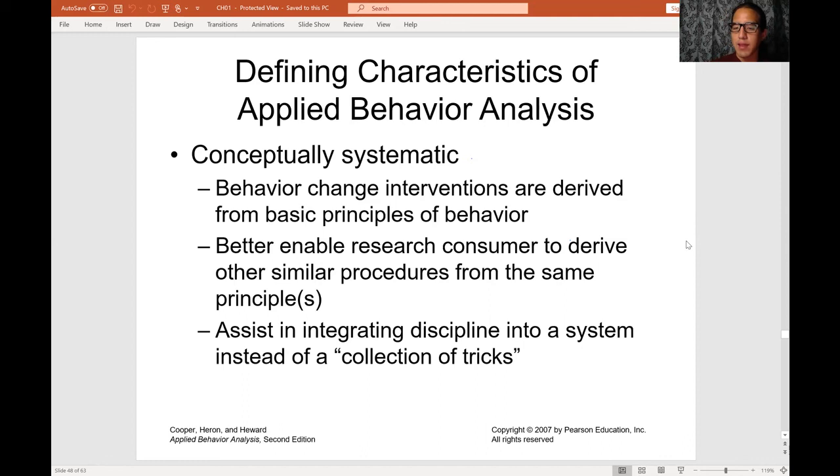We understand that there are variables that influence the behavior of people, and we understand that what comes before or after a behavior influences the behavior itself, and based on these findings, these principles that were found in research, we develop procedures from it, right?